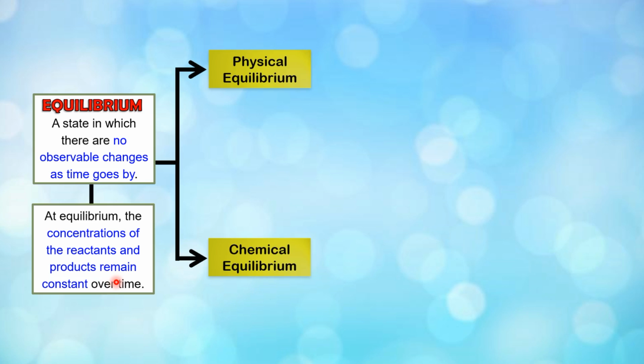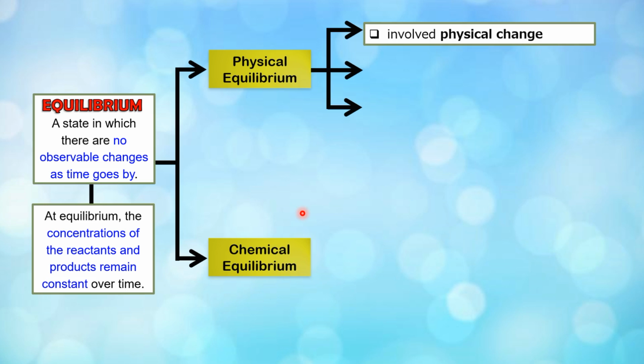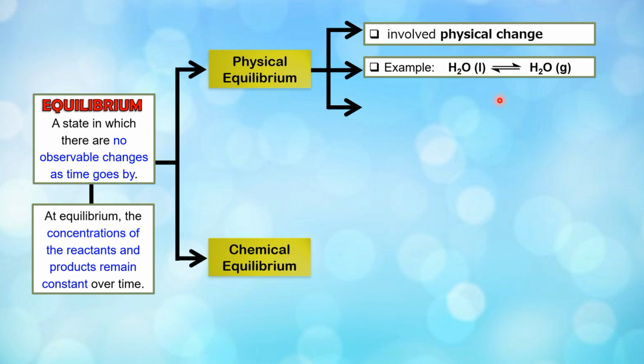Equilibrium is divided into two: physical equilibrium and chemical equilibrium. Physical equilibrium involves physical change, for example H2O liquid, water, converts into water vapor, and from water vapor it will condense and form back H2O liquid.